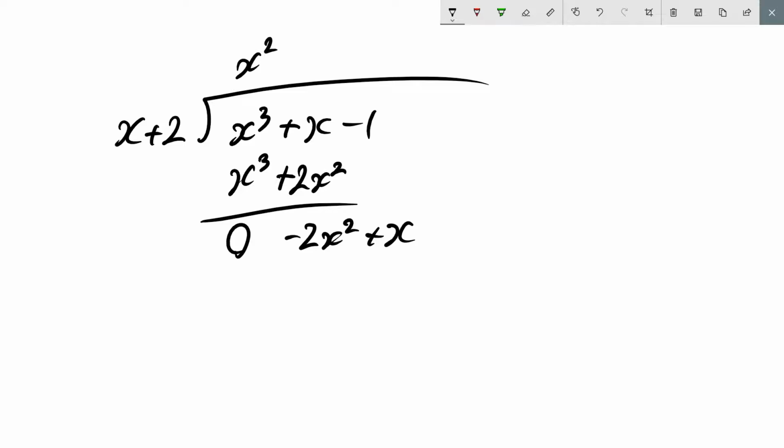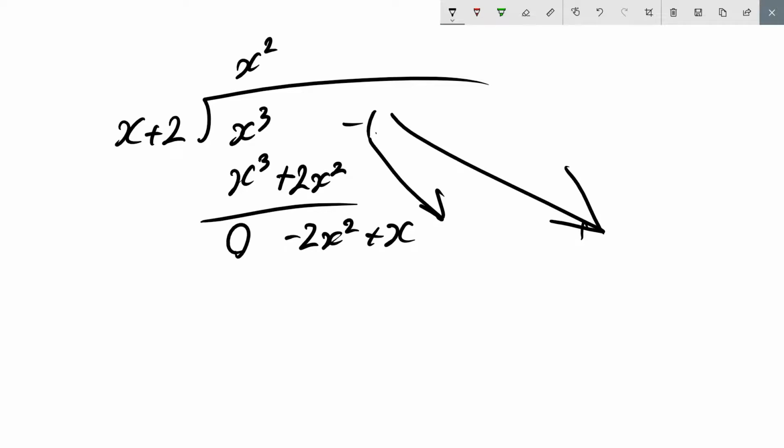Now I could proceed and solve from here, but now when I want to drop down something, I have to do it in this weird diagonal, right? And imagine if we just had x to the power of 3 minus 1. I would be going diagonal all the way out here, somewhere.